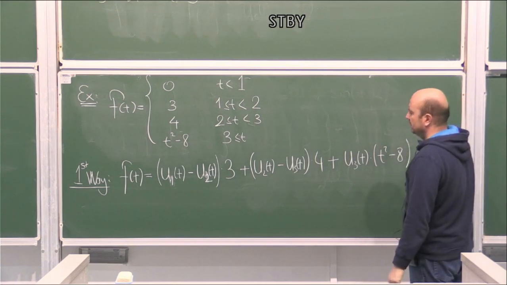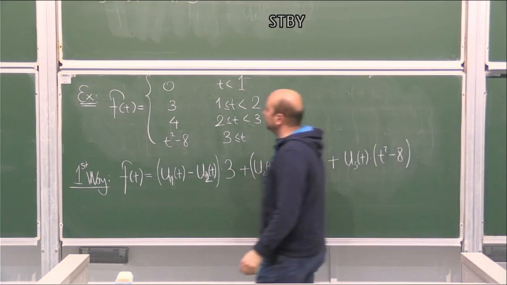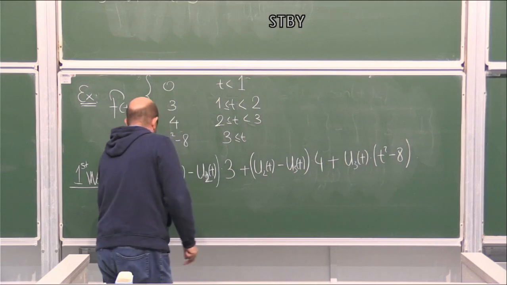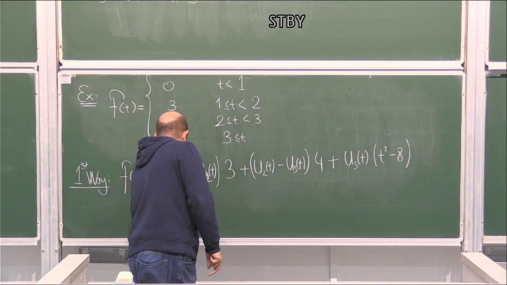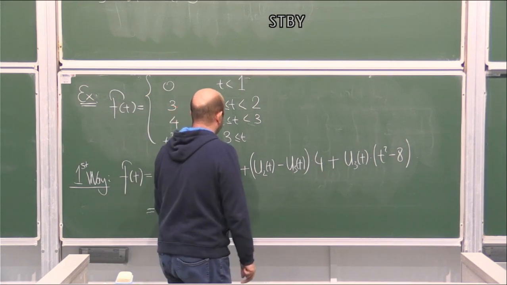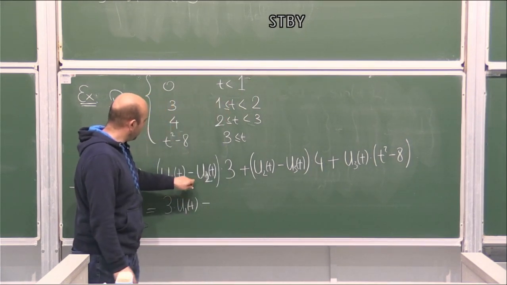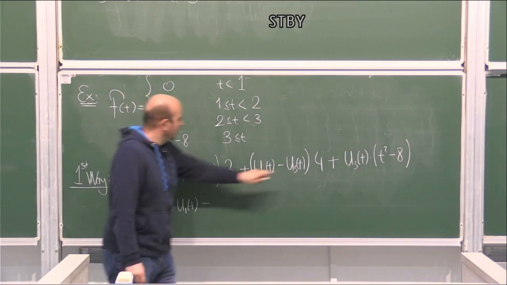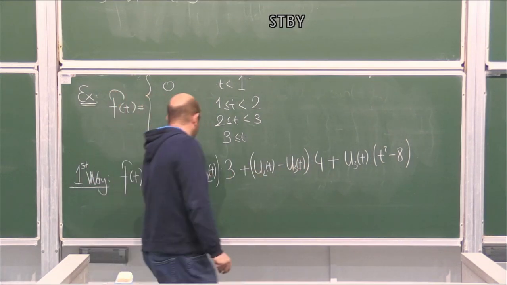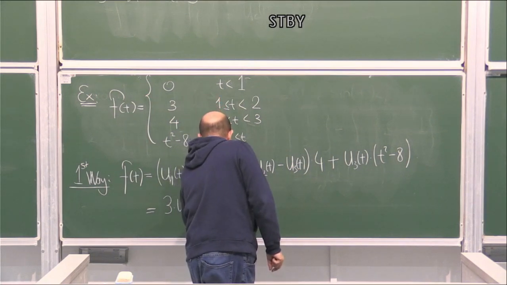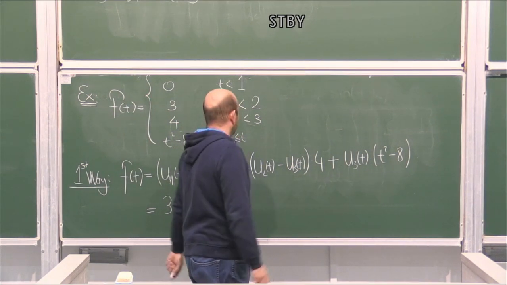But now after this you have to do algebra of this one. So we have 3 times u1 of t, minus 3u2, plus 4u2, and so when you add them up you get plus u2.